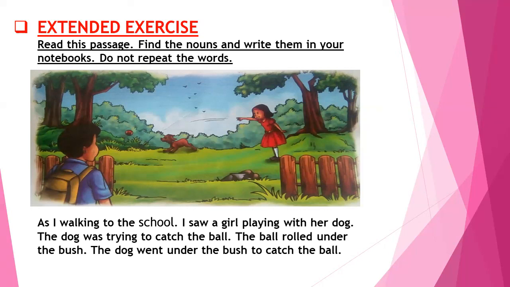The dog was trying to catch the ball. Ball is a noun here. The ball rolled under the bush. Tell me which one is a noun here? Yes, bush. The dog went under the bush to catch the ball.